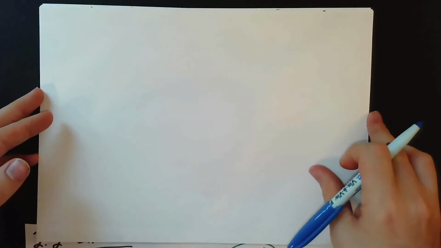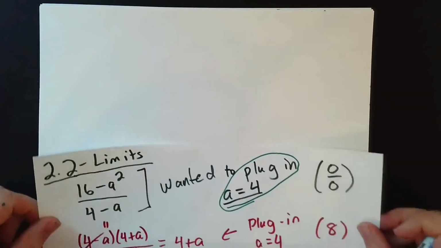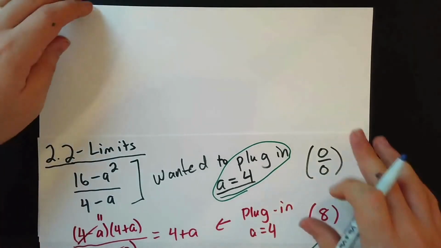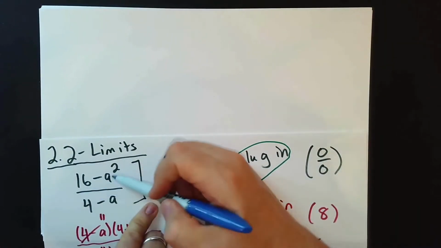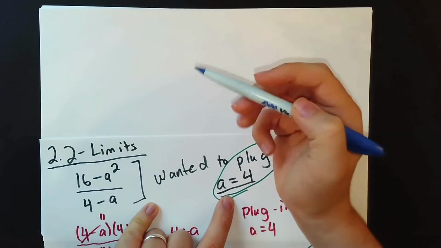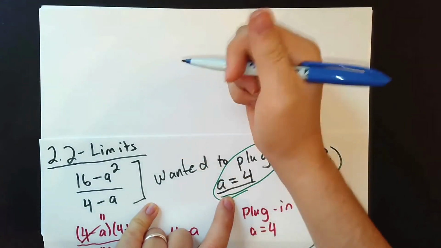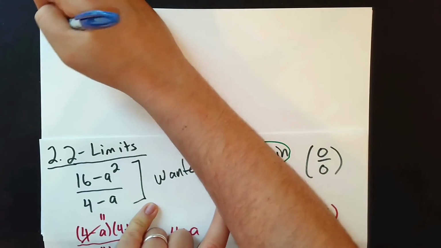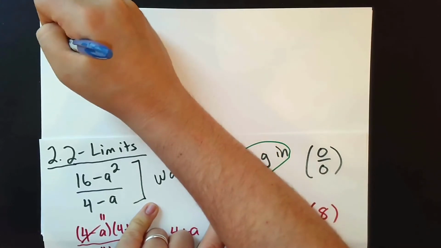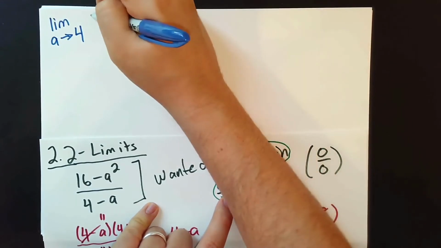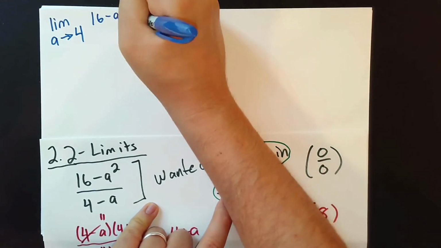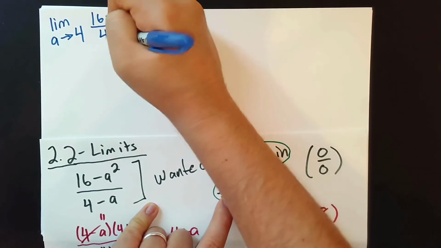Okay, so let me write the calculation that we did before in the new notation. Namely, I want to plug a equals 4 into 16 minus a squared divided by 4 minus a. The way I'm now going to write that is as the limit as a goes to 4 of 16 minus a squared divided by 4 minus a.